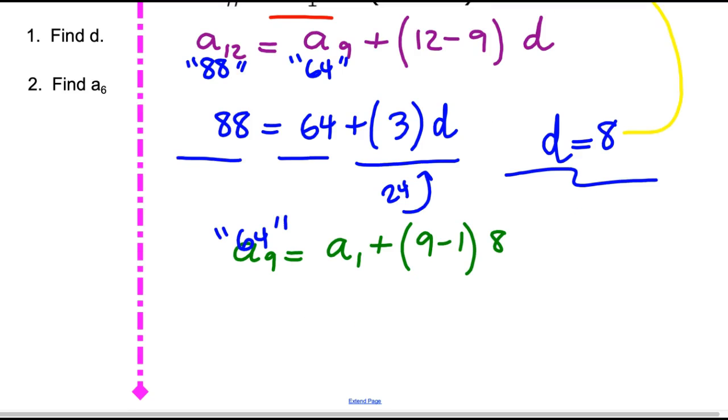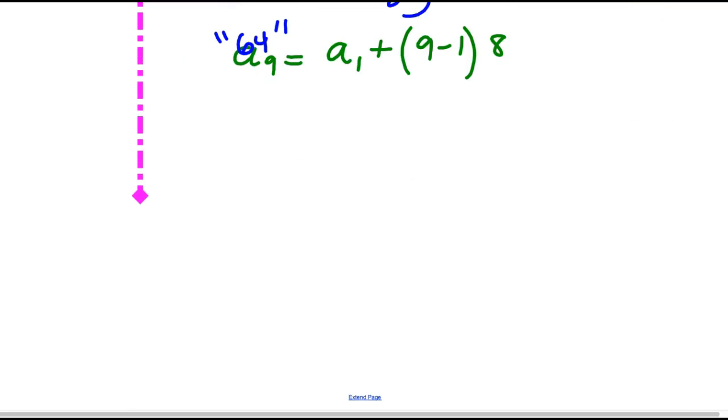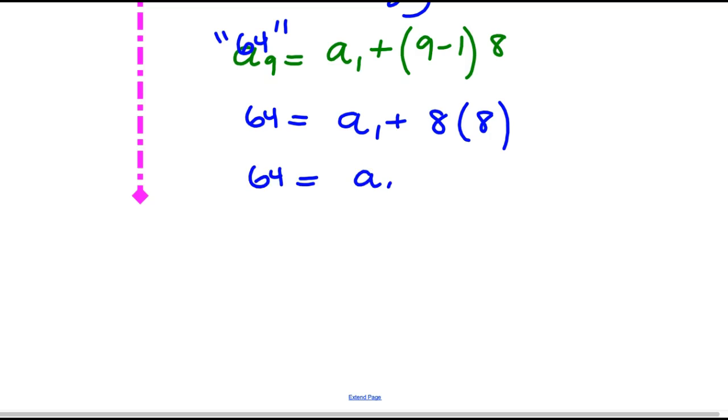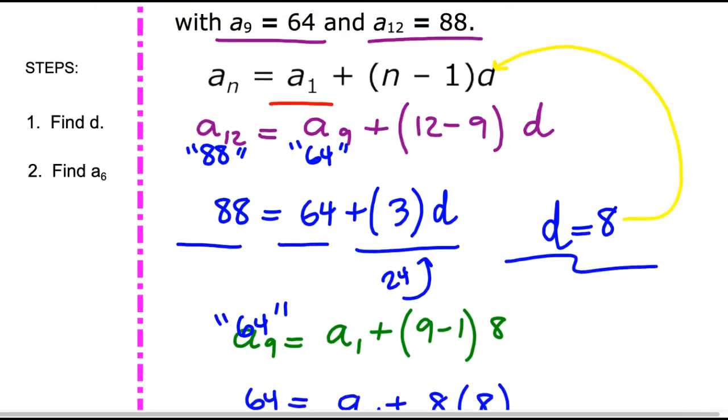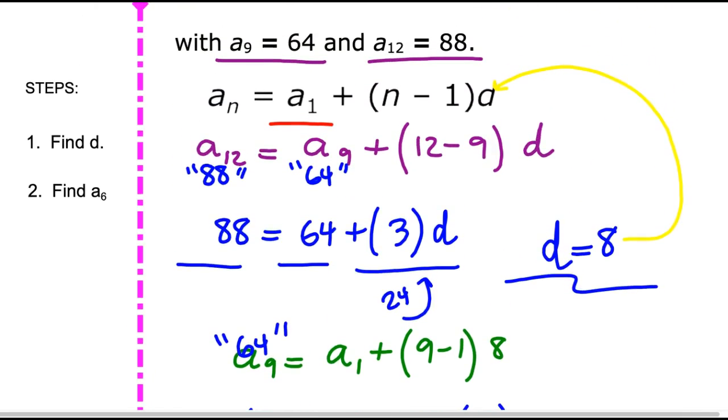So 64 is equal to a sub 1 plus 8 times 8. So what is a sub 1? In this case, it looks like it's going to be 0, doesn't it? So my starting point was 0. So now I have everything to use the formula as is here.